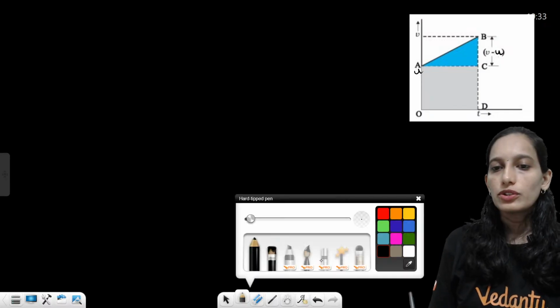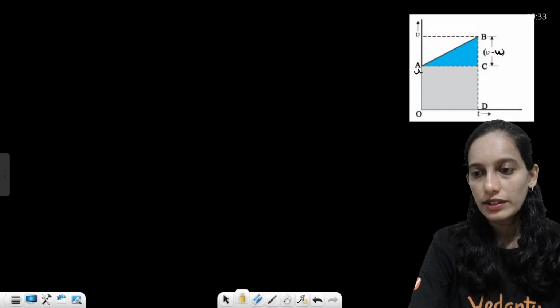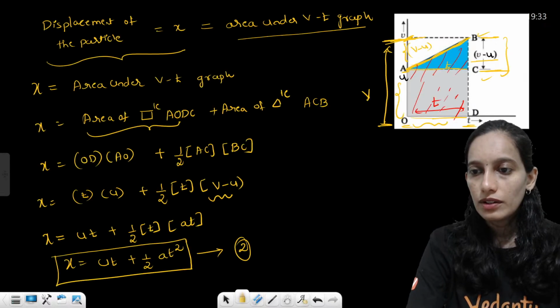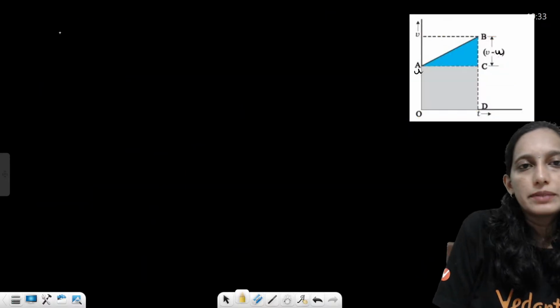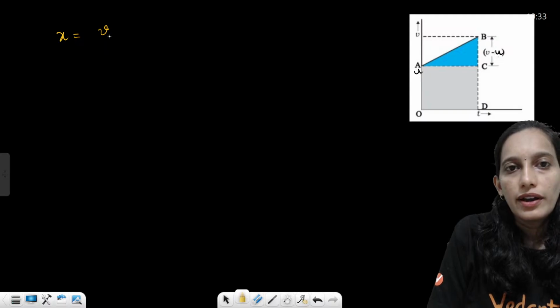So we have to derive the third equation of motion, correct? For that, the displacement of the particle, that is X, will be equal to average velocity into time, correct?